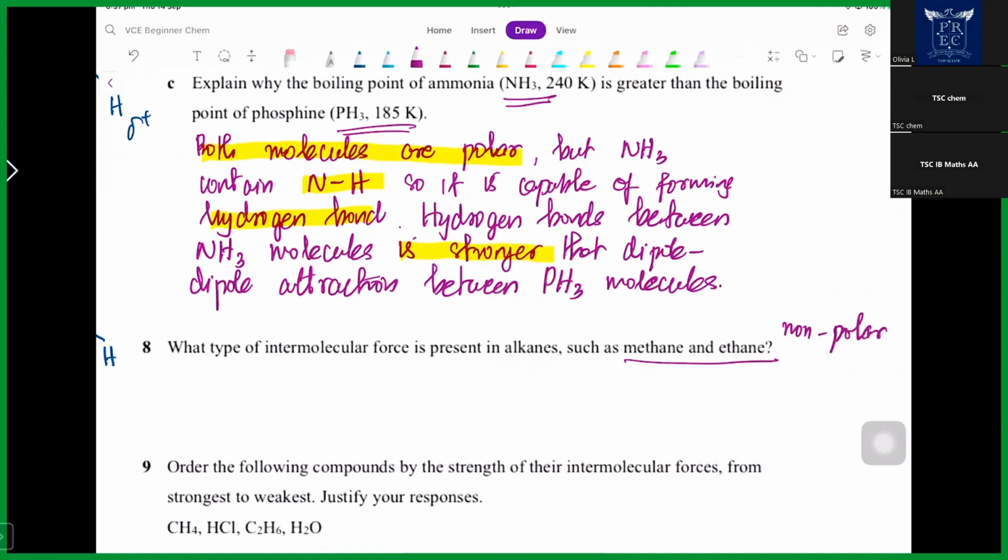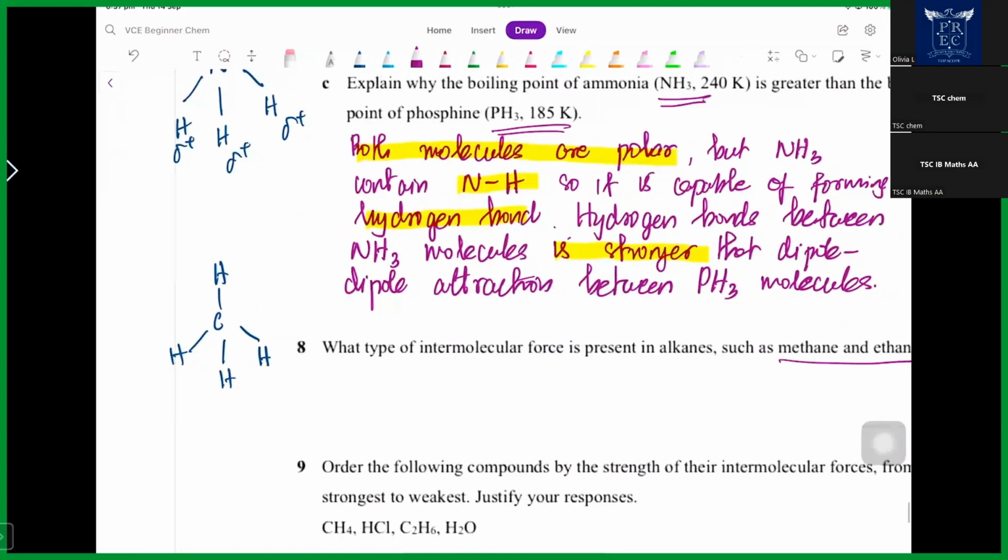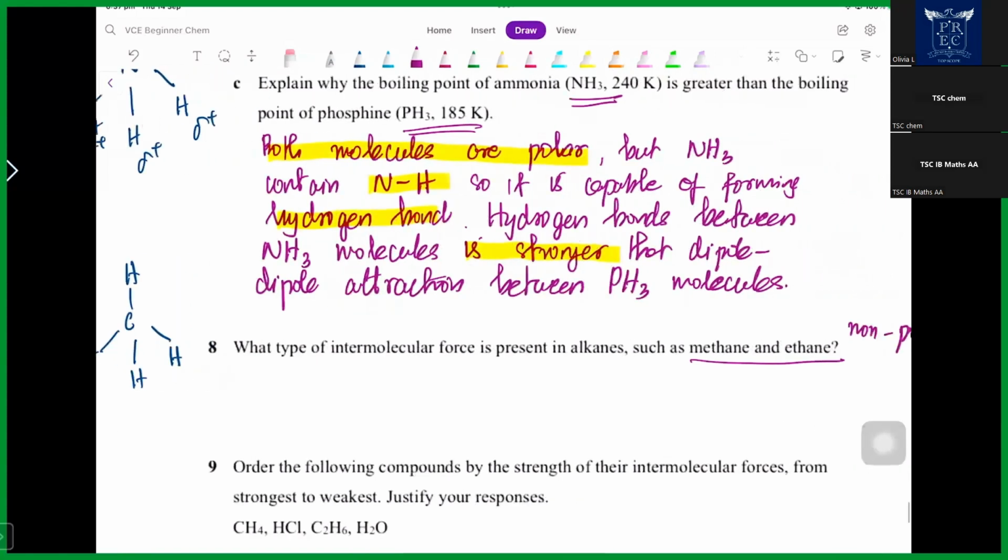How are they non-polar? Because of the shape, because of the balance. When you are trying to pull things together, balanced forces are pulling, so they cancel each other. After a while you will get used to them. Now we learn that methane and ethane are non-polar.